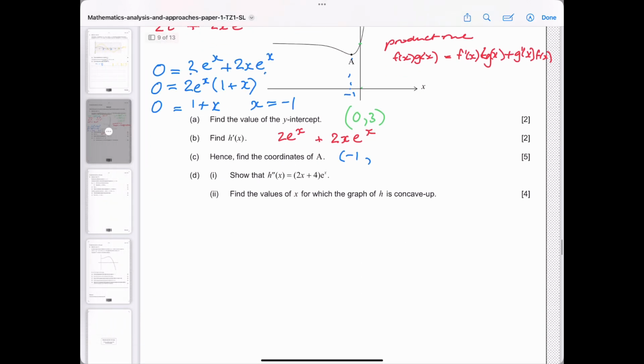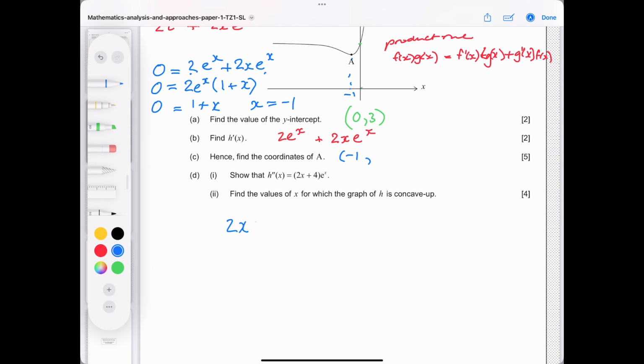So it goes 2 times minus 1, e to the minus 1, plus 3, and that gives us minus 2 over e plus 3, and that's our other coordinate.